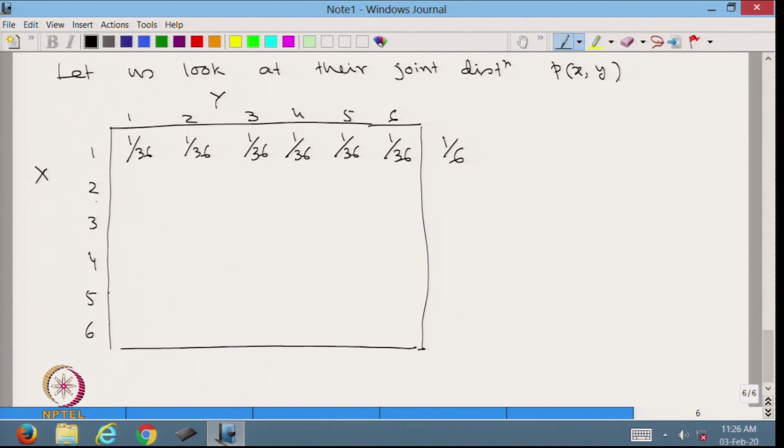Now, suppose X is equal to 2. Then Y cannot be less than or equal to 1, so the probability of Y is equal to 1 is 0. Probability Y is equal to 2 can happen if X1 is 1 or 2, so this is 2 by 36. Y is going to be 3 if X1 is 3, therefore 1 by 36, and Y is going to be 4 if X1 is equal to 4, so 1 by 36, 1 by 36, 1 by 36.